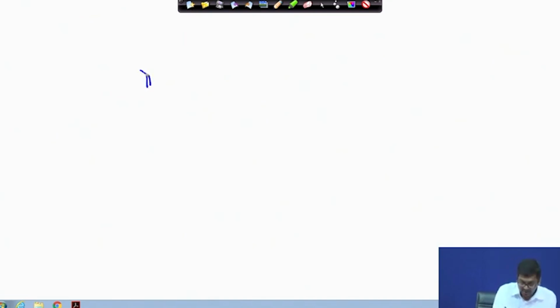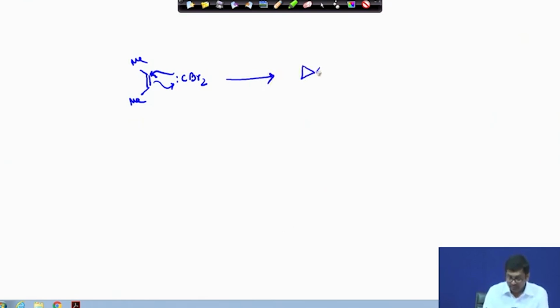Let us see how it works. Okay. Let us say you have this and CBr2. Now, this can actually work in this concerted manner to give the corresponding cyclopropane. Okay.